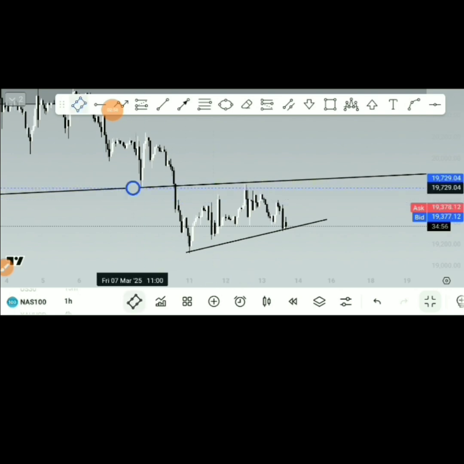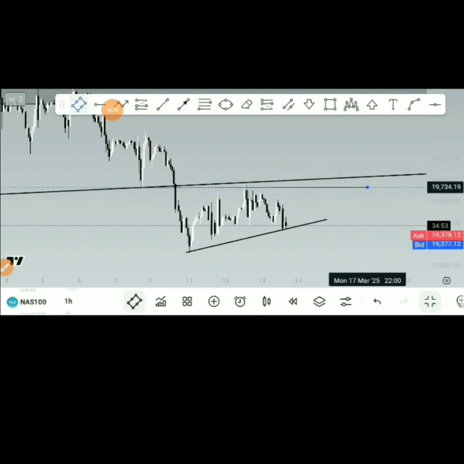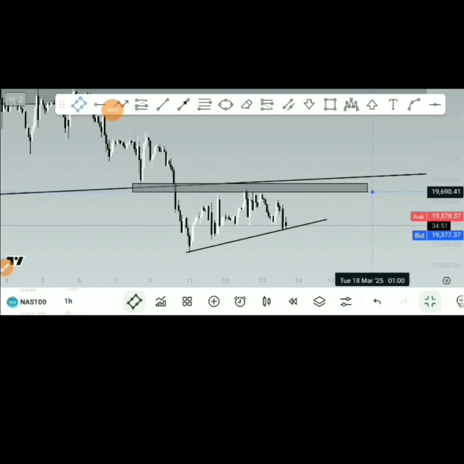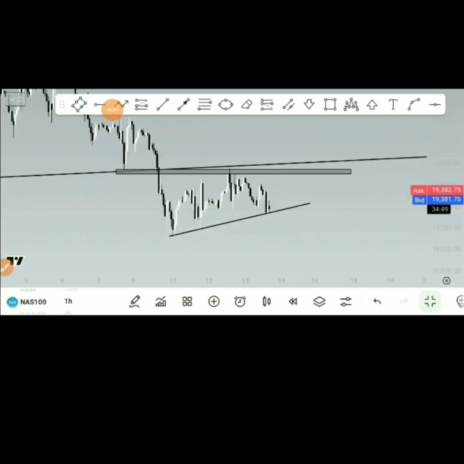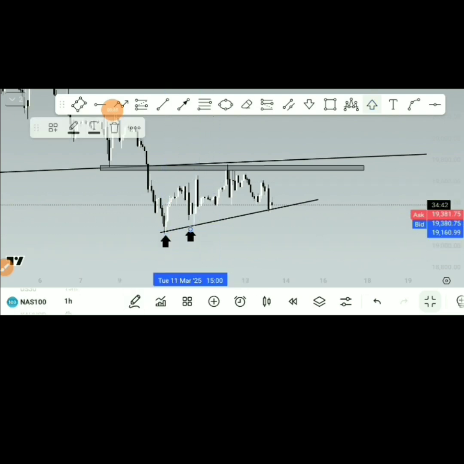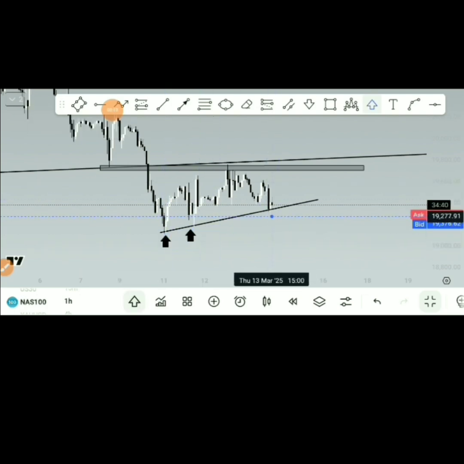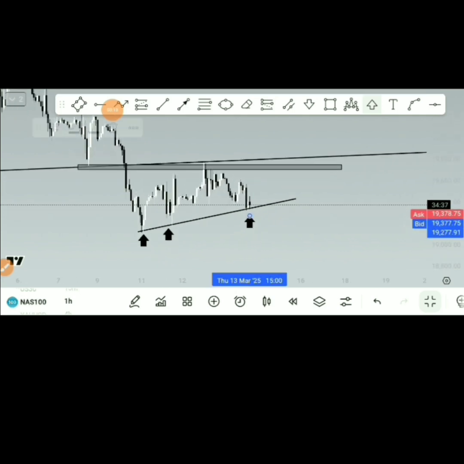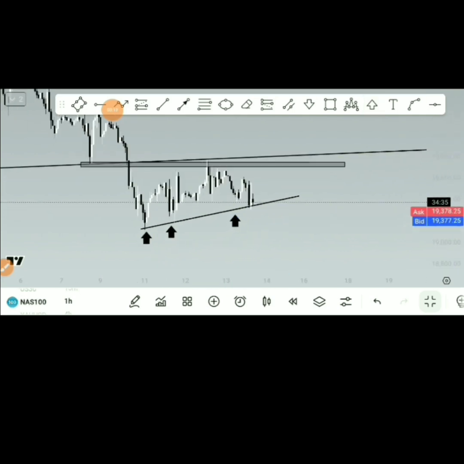Yeah, so there is the last low we have on the 1 hour, and anytime we break a low we have a resistance. This is the last low we have, and now we have a first touch, second touch, third touch, and the third touch is where you need to pay close attention.